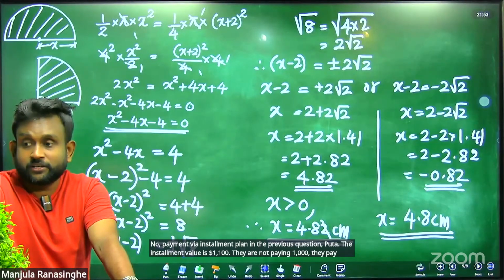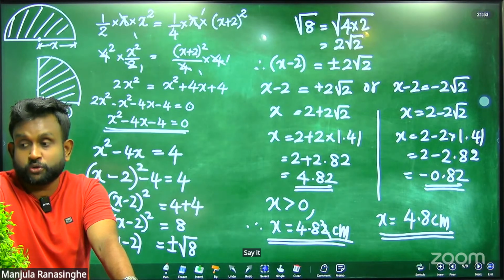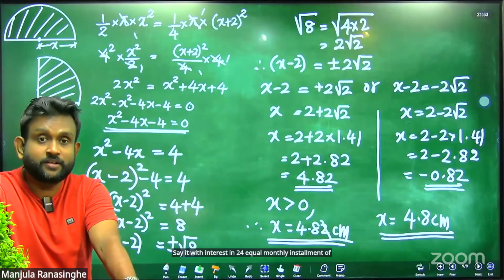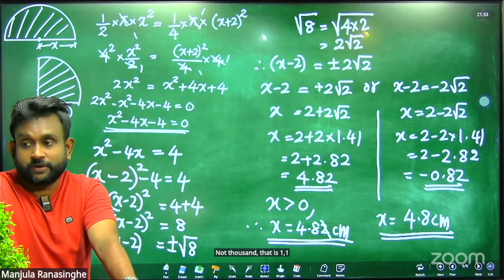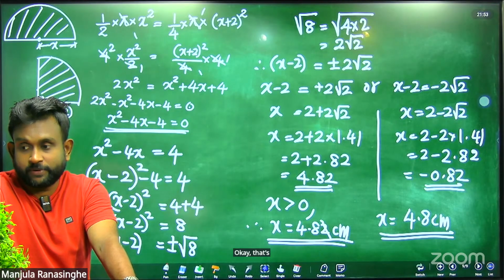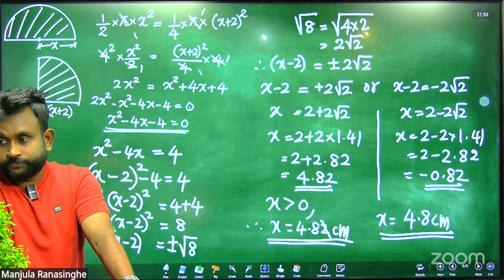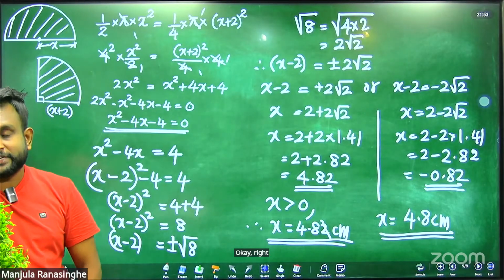See that. In the third question, they said with interest in 24 equal monthly installments of 1,100. Not 1,000, that is 1,100 installment value. Okay, that's why we multiply 1,100. Okay, right. So this question is done.